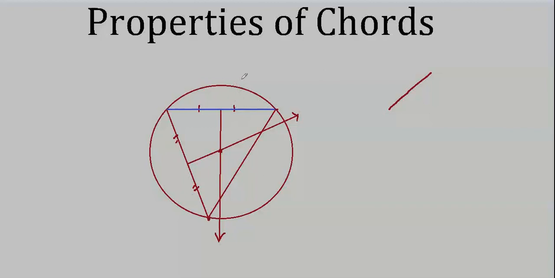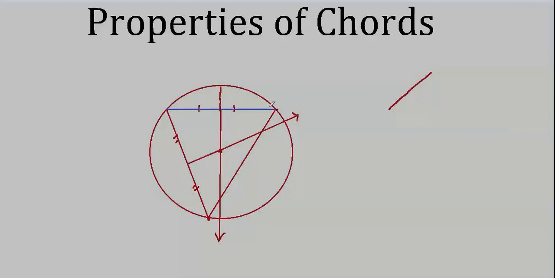And that's another way that you could at least convince yourself of the truth of this. If we continue up, naturally that goes through the center. If we just continue this line to the circumference, we have a diameter.